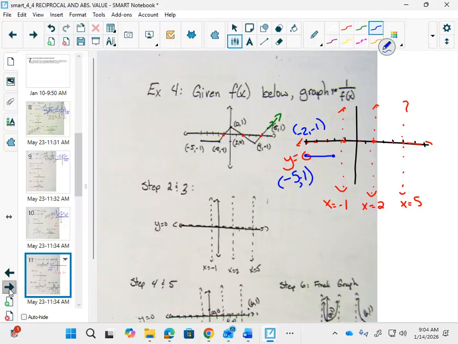And it would be a flat line that way as well. Okay? 0, 1 is going to stay 0, 1. 4, -1 is going to stay 4, -1. And 6, 1. All those are going to stay. All those nice points that were labeled, because if you do 1/-1 or 1/1, it's the same value.